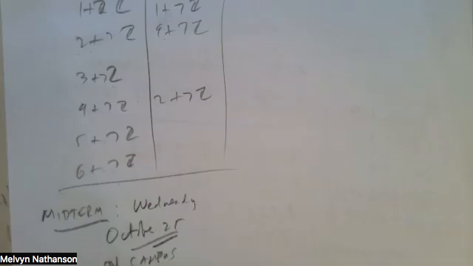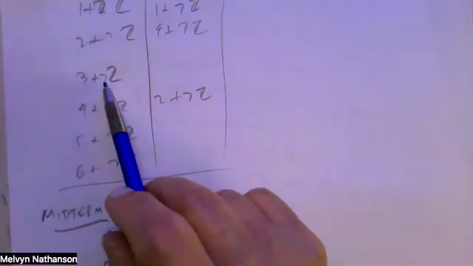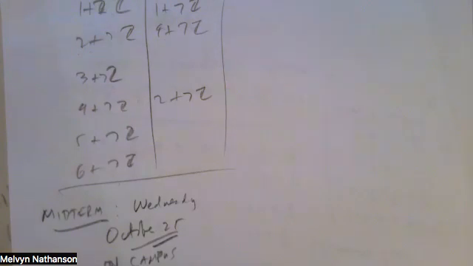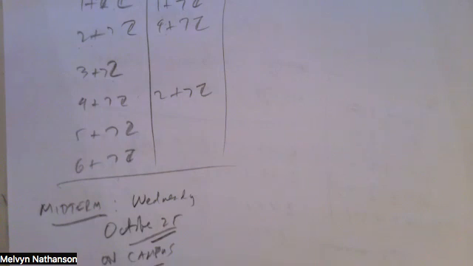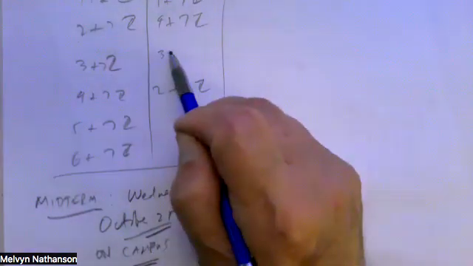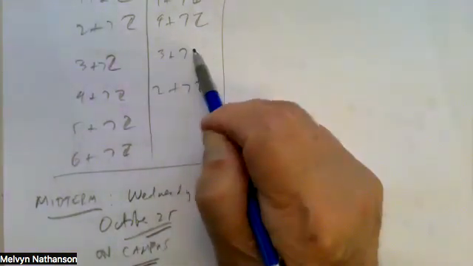3 times 2 is 6. 6 is not congruent to 1 mod 7, because 6 minus 1 is 5, which is not divisible by 7. Is it congruent to itself? 3 times 3 is 9.